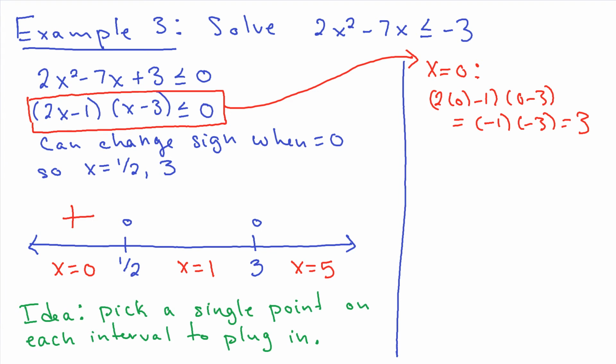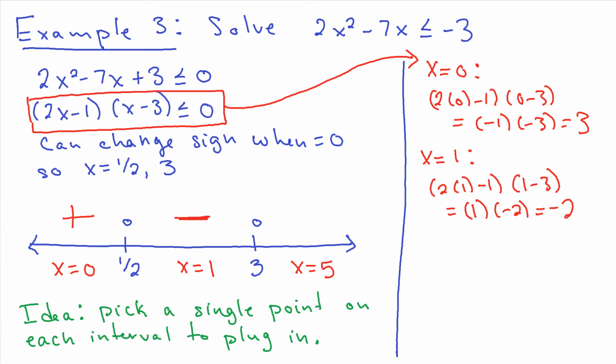If I plug in x equals 1, so this is 2 times 1 minus 1, 1 minus 3. So this is 1 times negative 2. I get a negative number. So again, I know on this entire interval, my expression is negative.